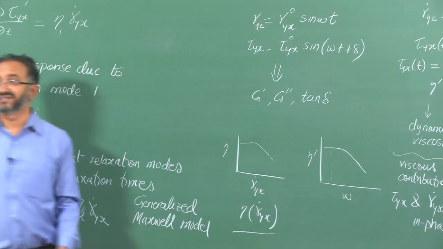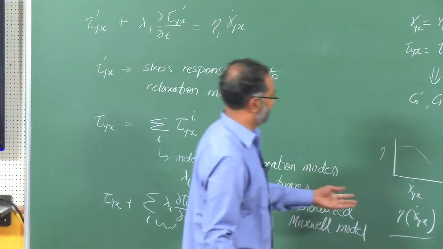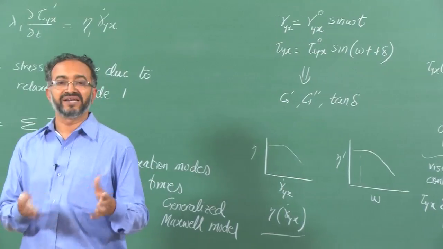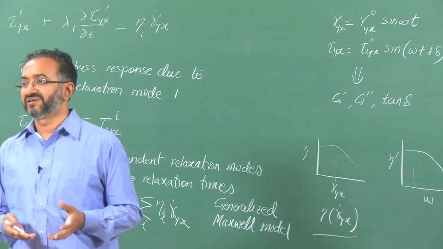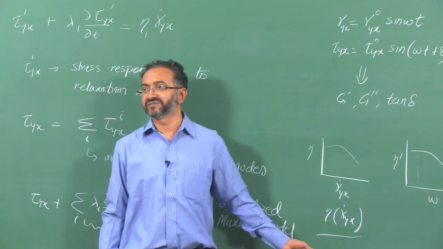If I do that, then I am looking at viscous response only, and we said that this kind of response is useful if we are looking at mainly pipeline transport or those kinds of problems where things do not change much. So only for those situations it may be useful to do this.